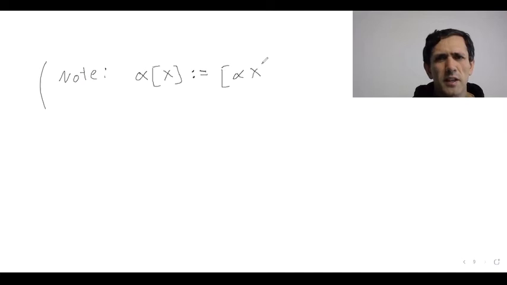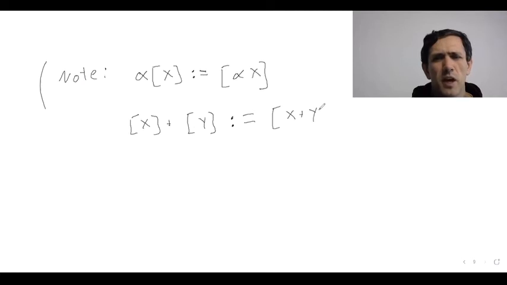So if X is in your vector space big X, then you define alpha times the class X in an obvious way. And you add up classes in the obvious way also. So there's really not much to the vector space structure for X tilde.